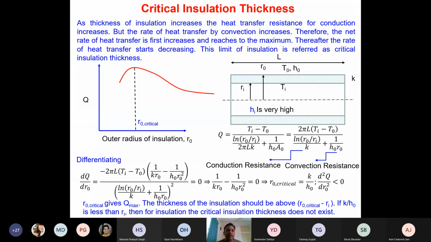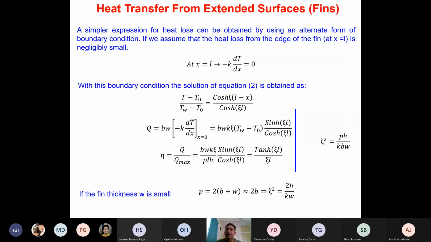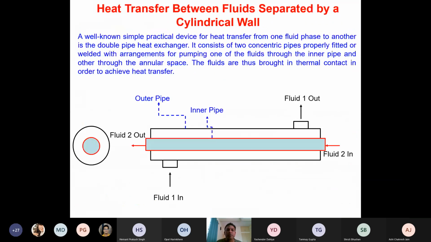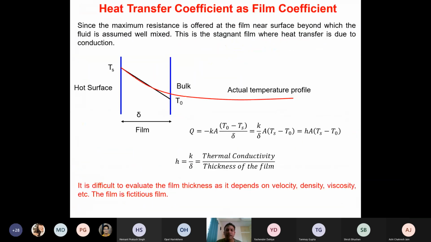Based on that, the concept of conduction is applied to that particular film, and then we have correlated how heat transfer coefficient is related to the thermal conductivity. This is what we have seen, isn't it? Again, assuming that this particular film is stagnant, that is the assumption. In real situations, there is no stagnant film. There is always a movement taking place in this film.